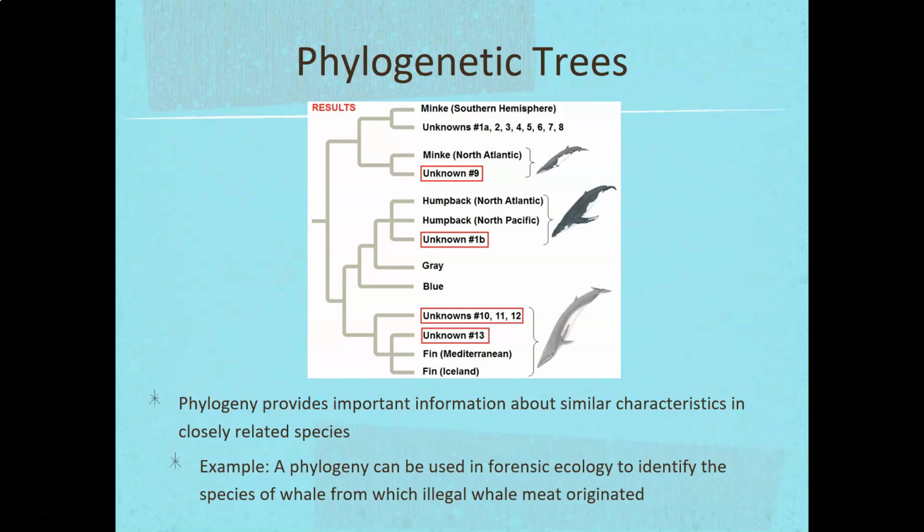These forensic ecologists were utilizing characteristics, probably genetic ones or protein sequences, from the meat they were getting out of the marketplaces and tying it back to whether or not they corresponded to a particular known species. So these were just unknown samples, and based on that genetic information, we're able to make assumptions about their closest relatives, which is pretty cool.